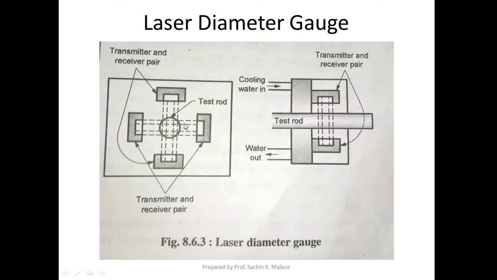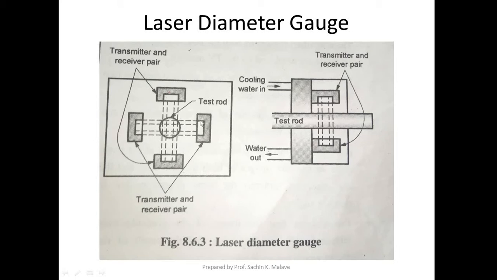It depends on the size of the object. The size of the object decides the amount of light received. Higher the size, less is the light received by the receiver. Smaller the size, more light passes around this test piece. So that is the relation.